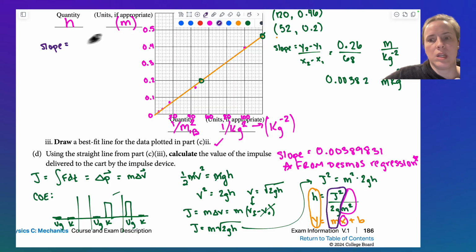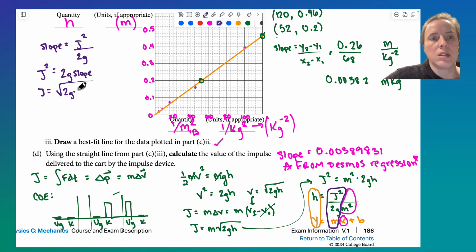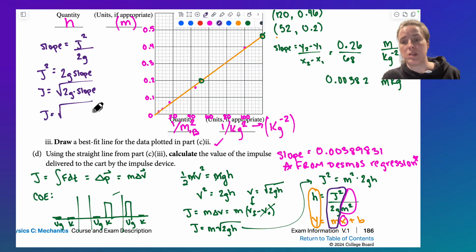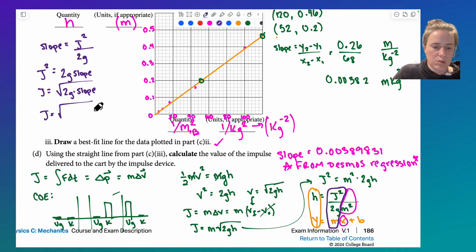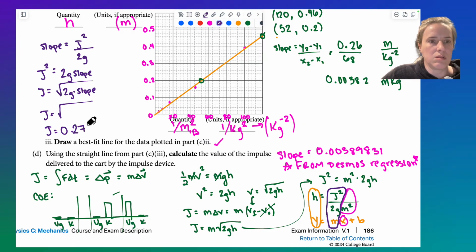So slope is impulse squared over 2g, or impulse squared is 2g times my slope, or impulse is the square root of 2g times my slope. So we take that slope we just found, multiply it by 2g, take the square root. So 2 times 10 times that, square root, boom, and we get 0.2765 if I used my green slope.